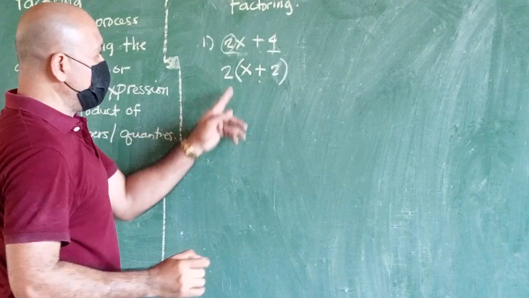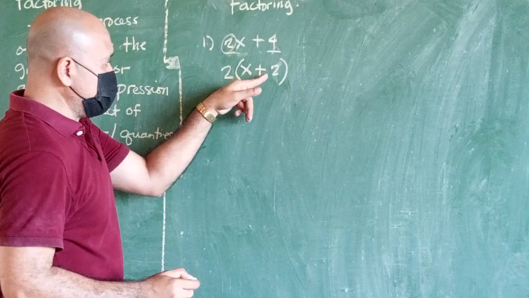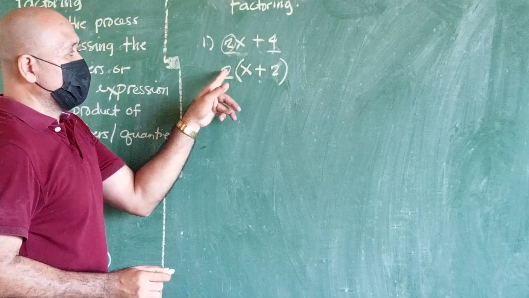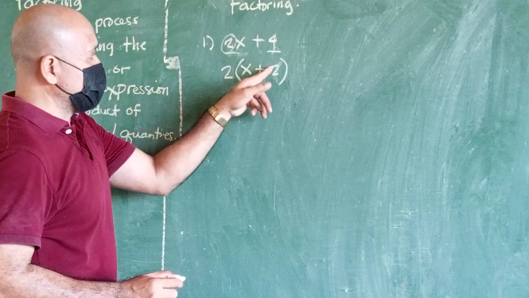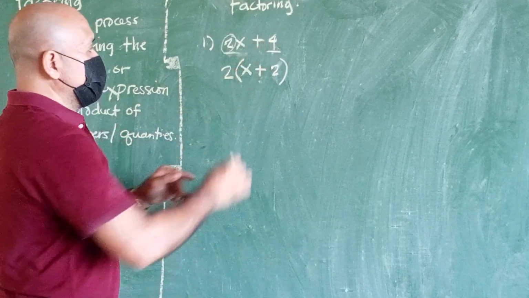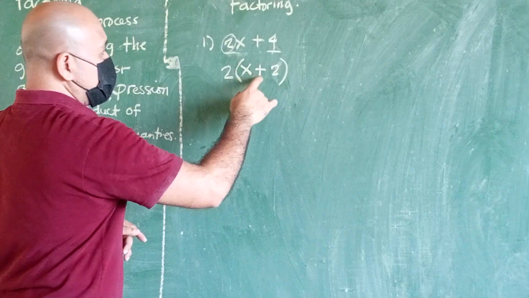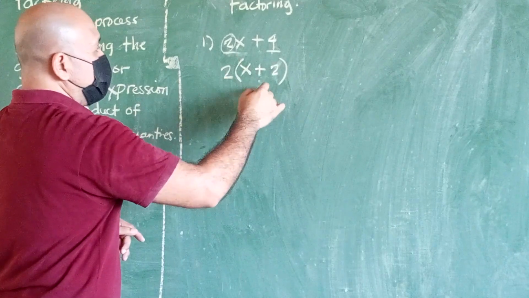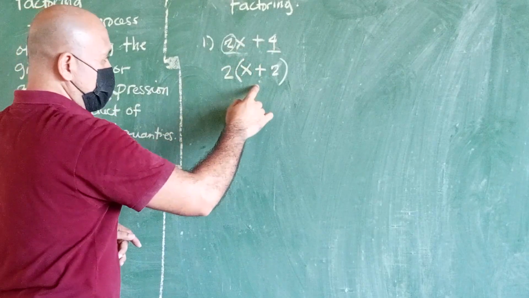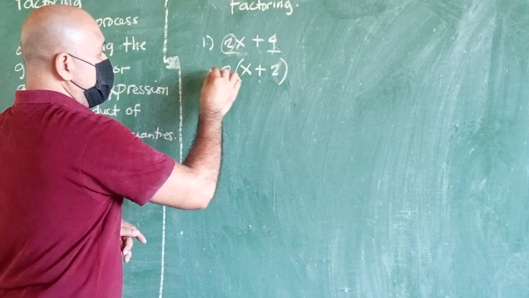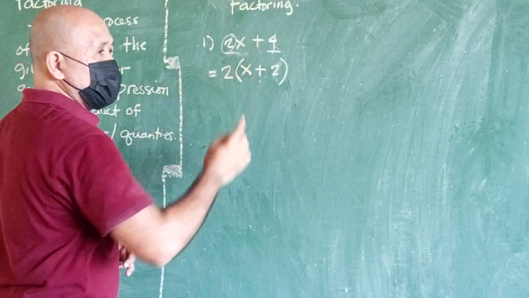So that when you multiply it back into the parenthesis, 2 times x, the result is 2x. And 2 times 2, that is 4. So 2 times the quantity x plus 2 is what we call the factors of 2x plus 4. And at the same time, this is what we call the simplified form of 2x plus 4.